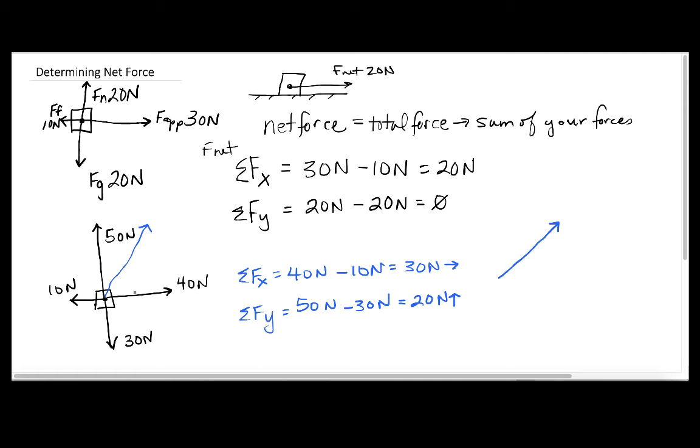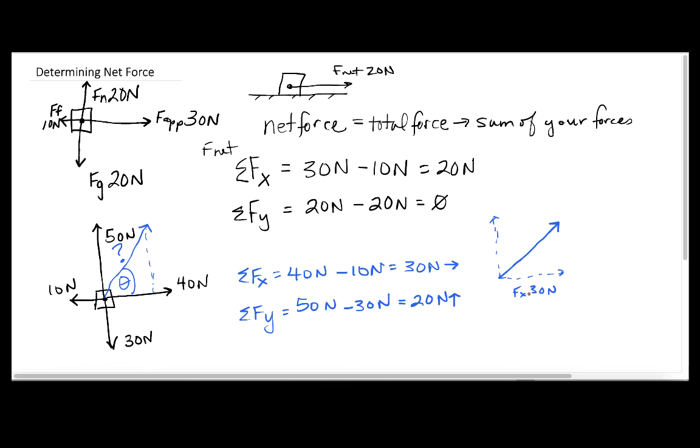Well, we have a triangle. And if we're looking for the net force, what we're really looking for is the magnitude of this arrow, this vector, which is the hypotenuse of our triangle.